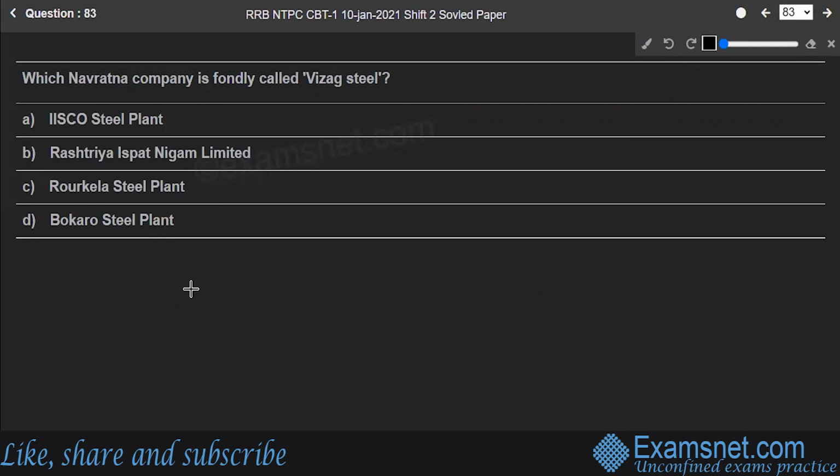Which Navratna company is fondly called Vizag Steel? ISCO Steel Plant, Rashtriya Ispat Nigam Limited, Rourkela Steel Plant, or Bokaro Steel Plant? Well, the correct answer is Rashtriya Ispat Nigam Limited. This is also called Vizag Steel. Rashtriya Ispat Nigam Limited, the corporate arm of Visakhapatnam Steel Plant, is a Navratna PSU under the Ministry of Steel.